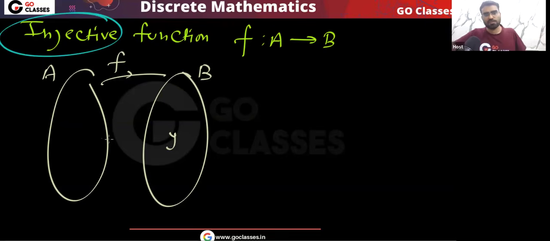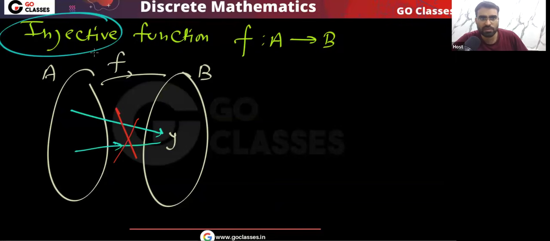Is it possible that two elements are mapping to it? This is not possible because it is an injective function. Because f is injective, it is not possible that this element has more than one preimage. Agree with me? More than one preimage is not possible in the injective function.